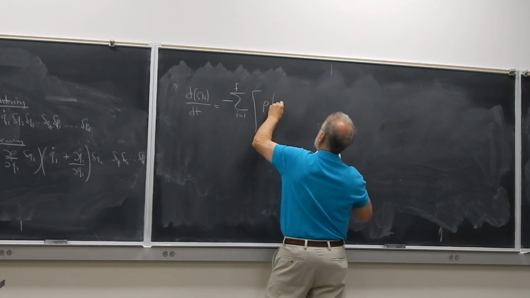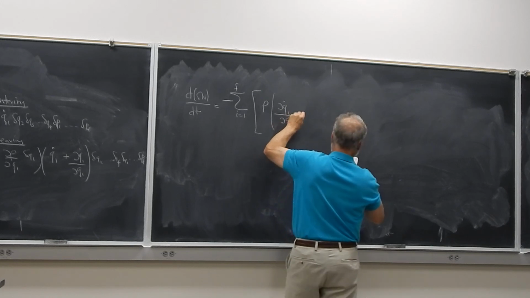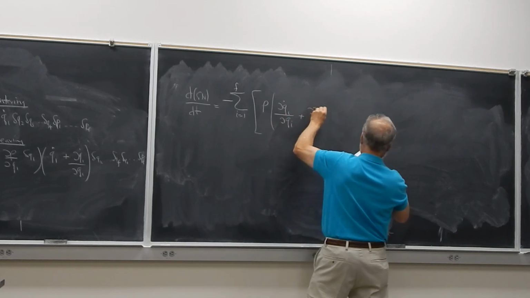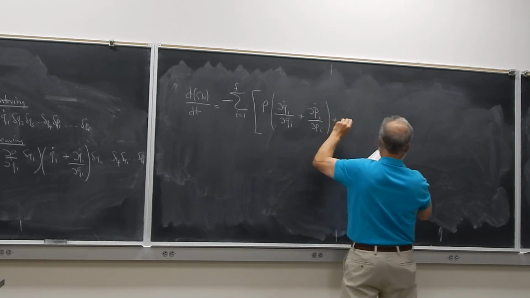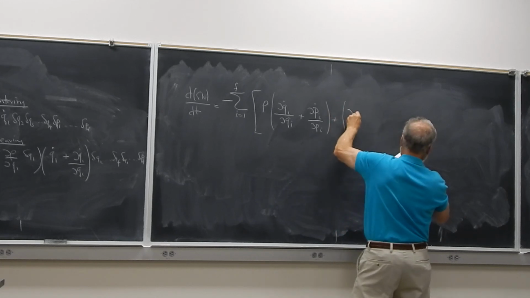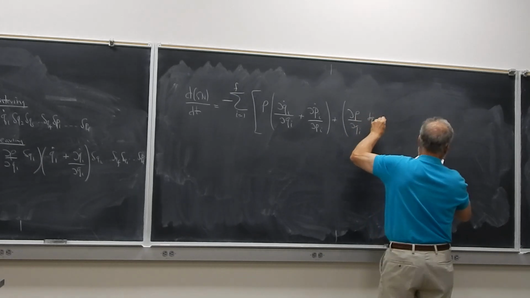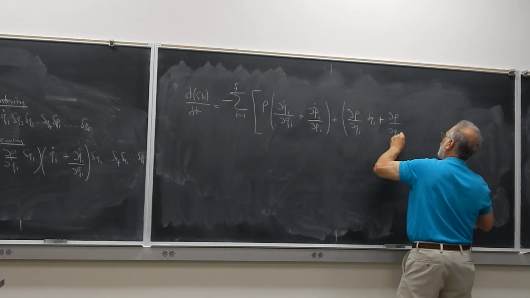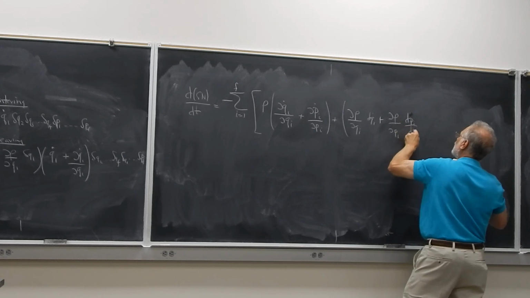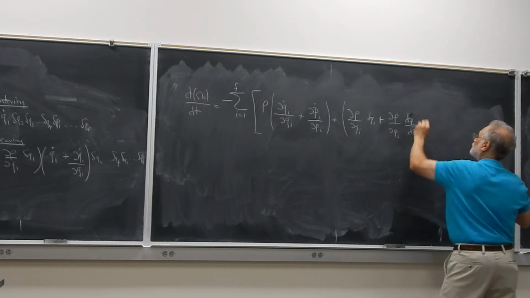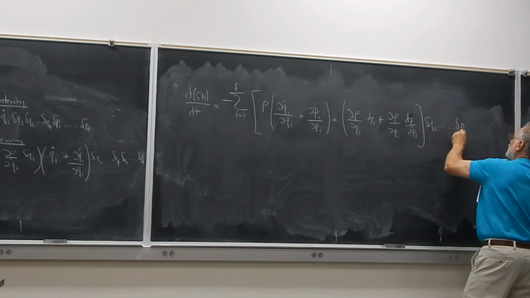rho dqi dot dqi plus dpi dot dpi plus d rho dqi dqi dot plus d rho dpi dpi dot, delta q1 all the way through delta pf.